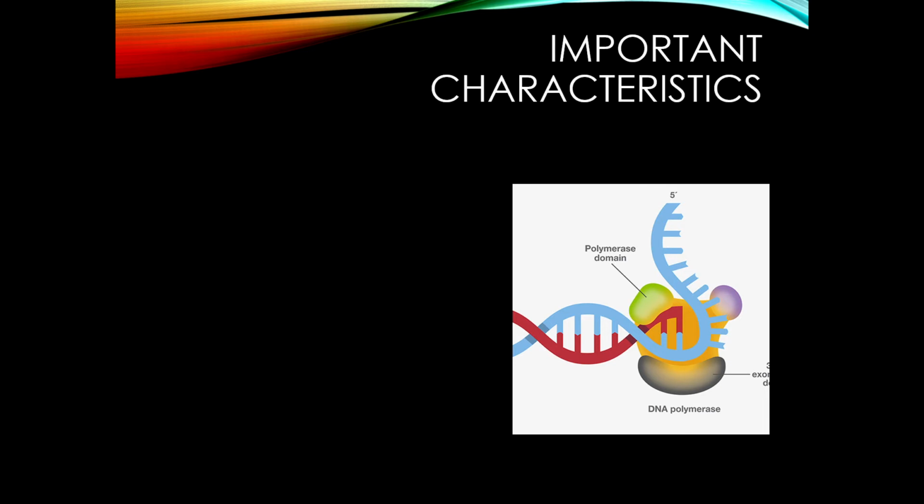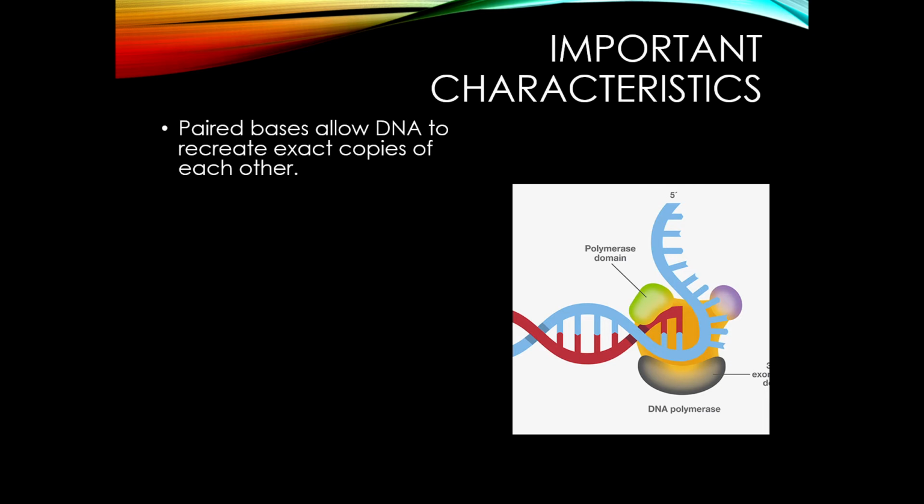Alright, let's continue. Now we're going to analyze a very important enzyme, that is polymerase. Paired bases allow DNA to recreate exact copies of itself. This is extremely important because remember that DNA has two strands. So whenever it separates, it cannot get a different copy or a different combination, because the bases already have one that they have to pair with.